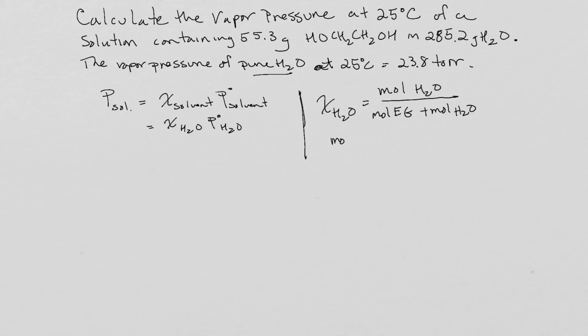First of all, the moles of water: we have 285.2 grams times 1 mole per 18.02 grams. So our grams cancel, and we end up with 15.83 moles of water.